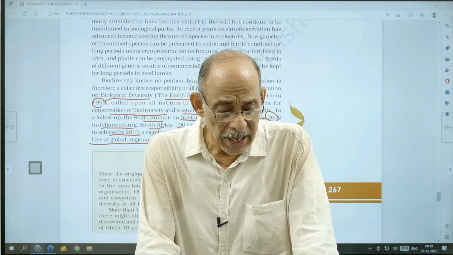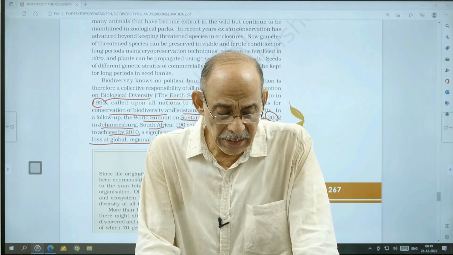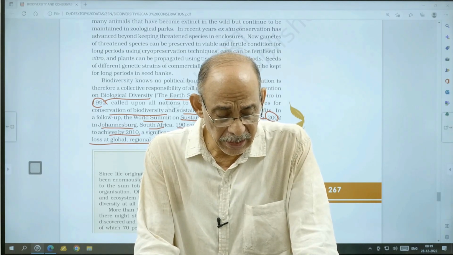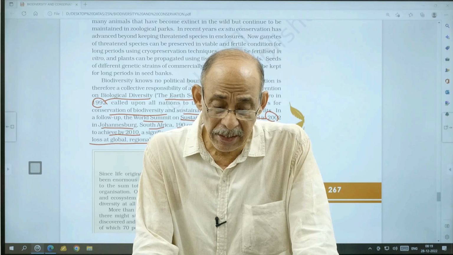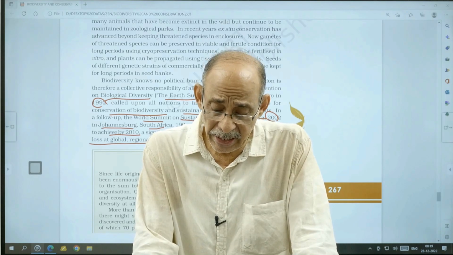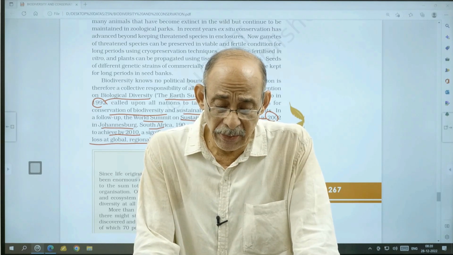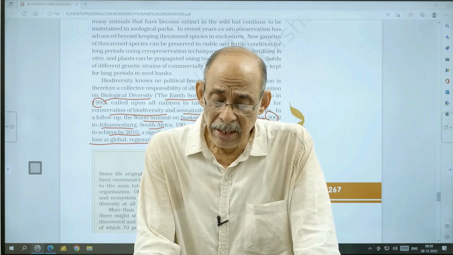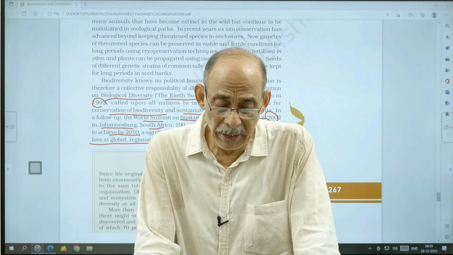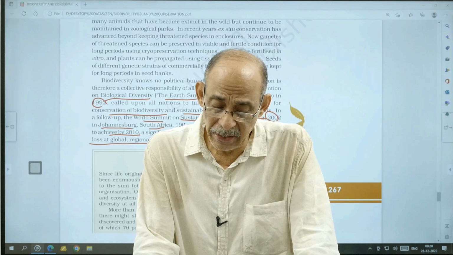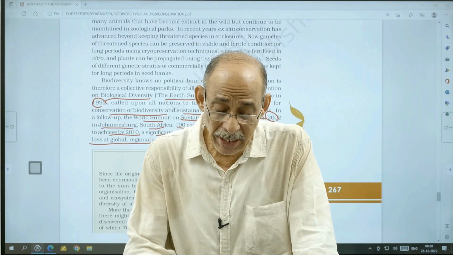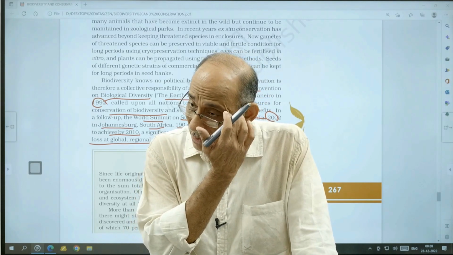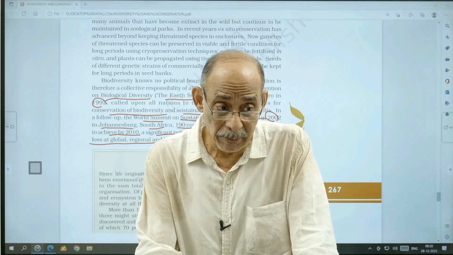And the methods of conservation: in situ conservation, under which we have endemism. Next is the sacred grove, based on religious beliefs, where some forest tracts are well protected by local people. Then ex situ conservation, where plants or animals are taken outside into botanical gardens or zoological parks for protection.